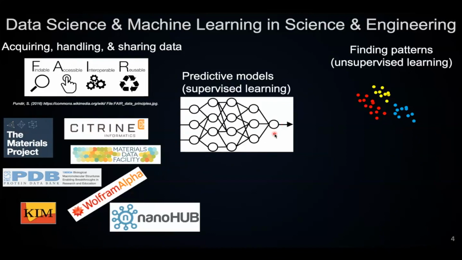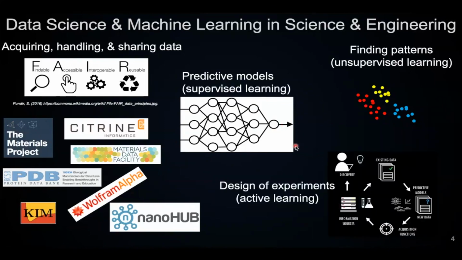The other type of problem that we can solve that's actually very exciting, and this is the example we will run together in nanoHUB, is using a technique called active learning for design of experiments. So can I use my data and these models to select the best possible experiments to run next so that I can arrive at my solution as fast as possible?